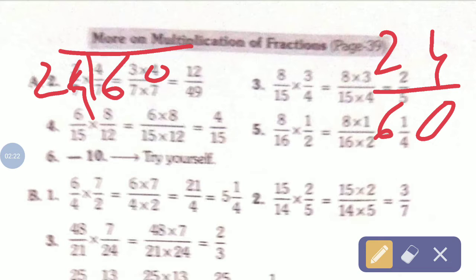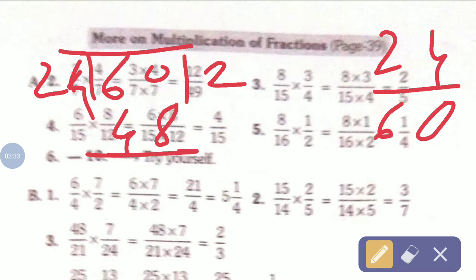Then 24 3s are 72, which is the bigger number, so we will take 2s, that is 48. Then 60 minus 48: 10 minus 8 is 2, and 5 minus 4 is 1.